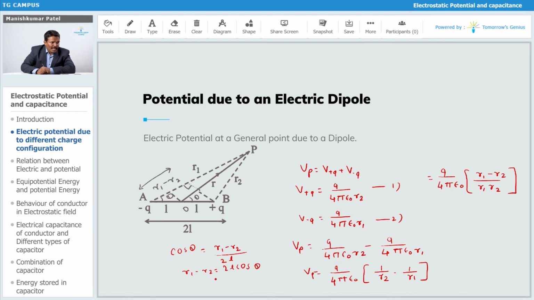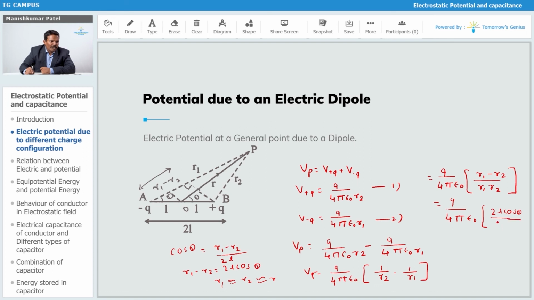Again, assume that if point P is at a far distance, then R1 is equivalent to R2, which is equivalent to R. Just put these values over here, then you will get Q upon 4 pi epsilon naught, then R1 minus R2, that is your 2L cos theta.